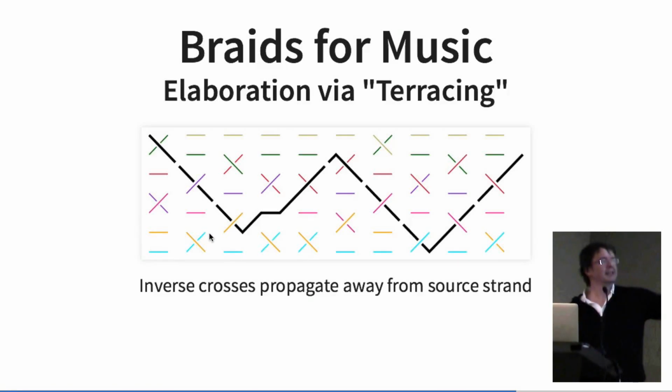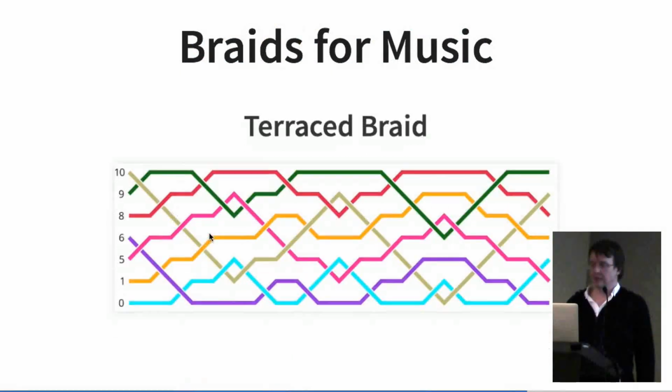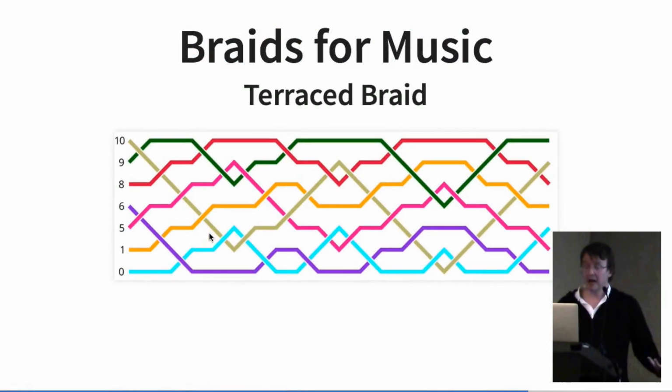Anyway, the point is once you do this, you end up with a braid like this. And now I went from having one line to having 1, 2, 3, 4, 5, 6, 7 lines. And they're all interoperating with each other in time and in rhythm. And so that's pretty musically interesting all by itself. It's almost like a bar. I have a bar of music now.